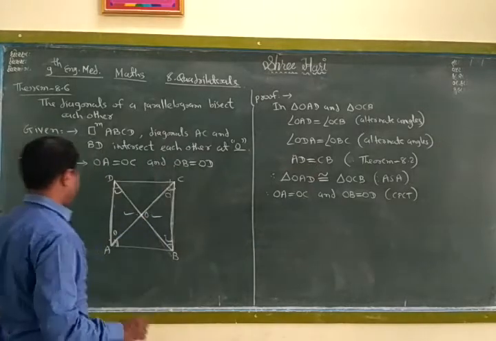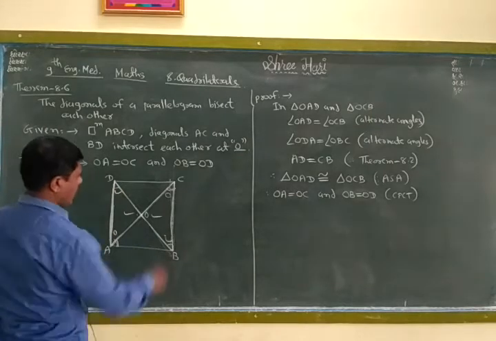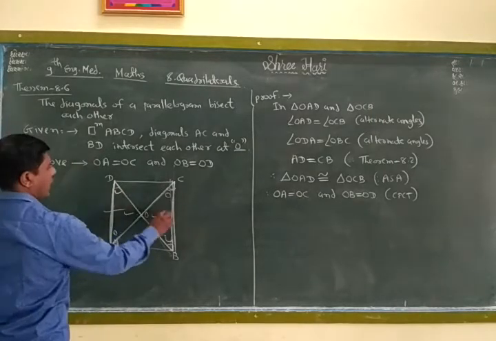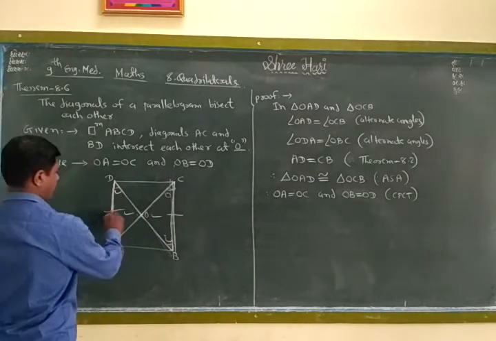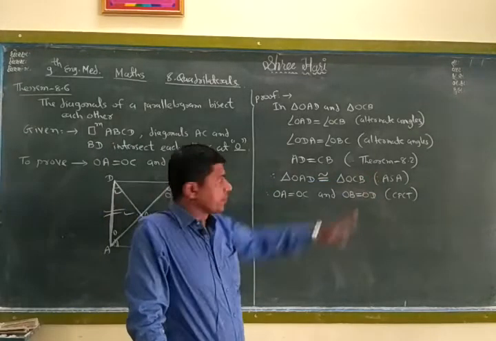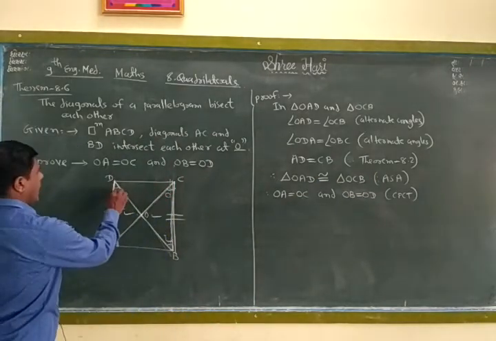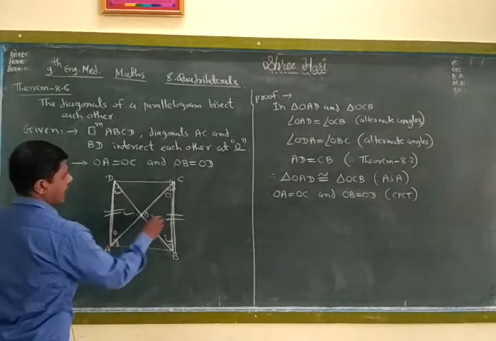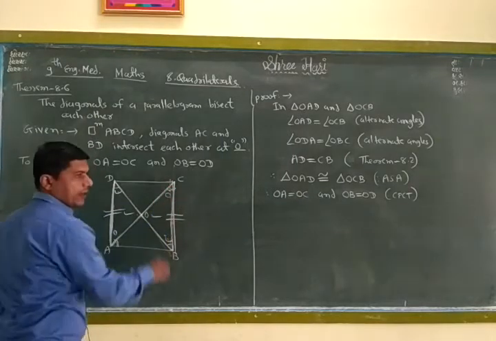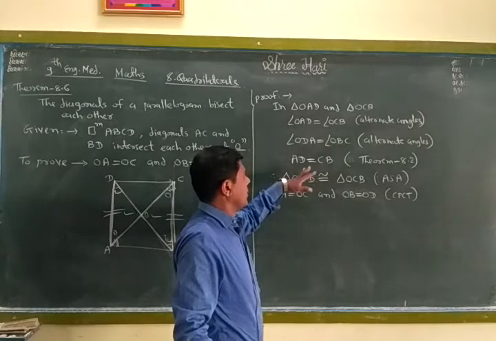And also AD is equal to CB, because in a parallelogram opposite sides are the same. This is given in theorem 8.2. So here angle, side, angle, we can say that both are equal.